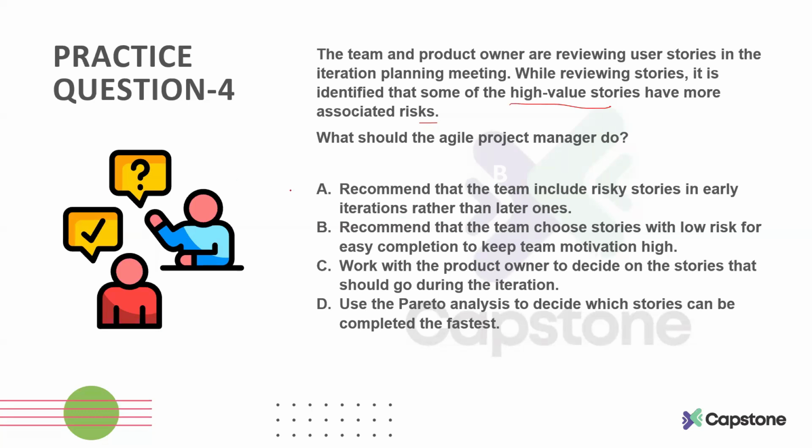So keeping in view all these things, the right answer for this question is option A, that you recommend that the team should include those risky stories early into iterations rather than deferring them to some later stages.